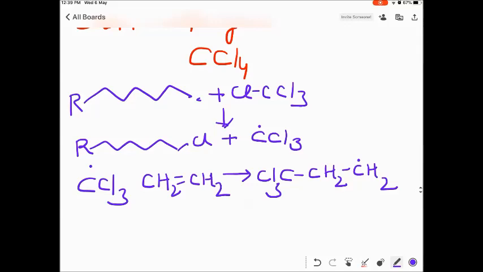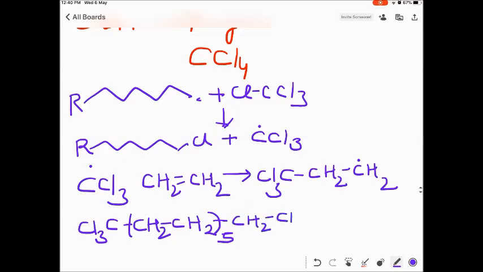Now this new free radical that has been generated may combine with a number of molecules of ethene, giving us a chain having a number of carbons, let us say 5, and this is the chain propagation that occurs.